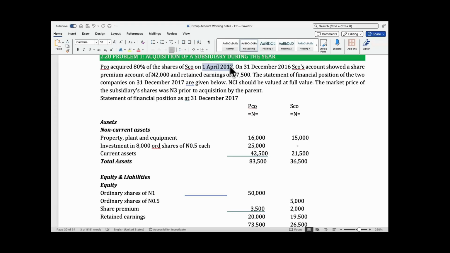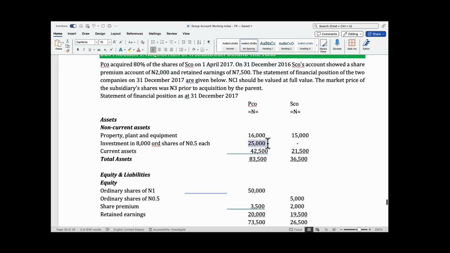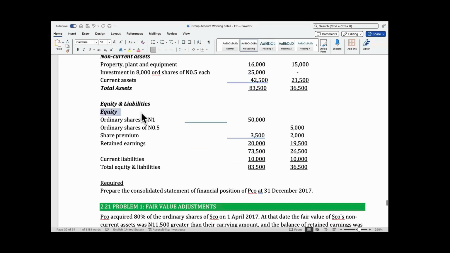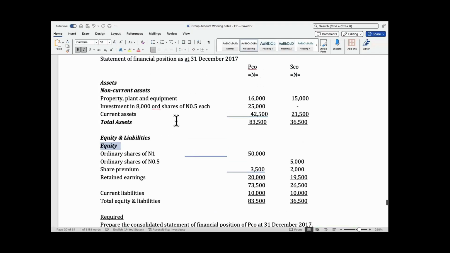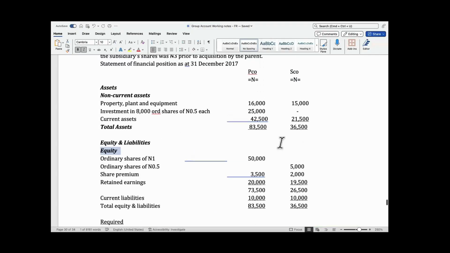So the major challenge here is this. These retained earnings they gave me as at December 2016 are not going to help me when I want to cancel out this investment against the equity of ESCO at the date of acquisition.